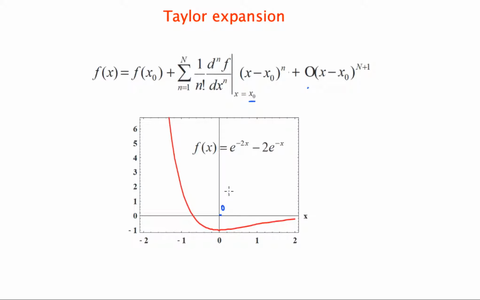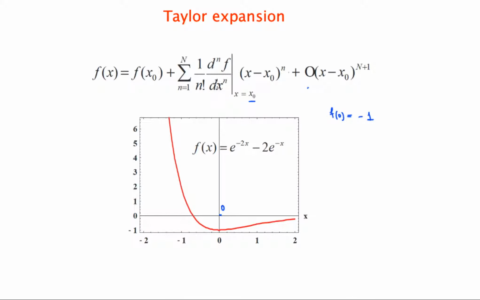Okay, so the first term will correspond to the function evaluated at point 0 in this case. If we substitute that, we get 1 minus 2. So the function evaluated at 0 will be minus 1.